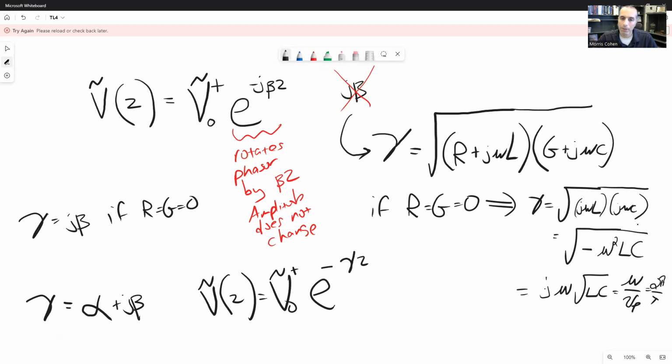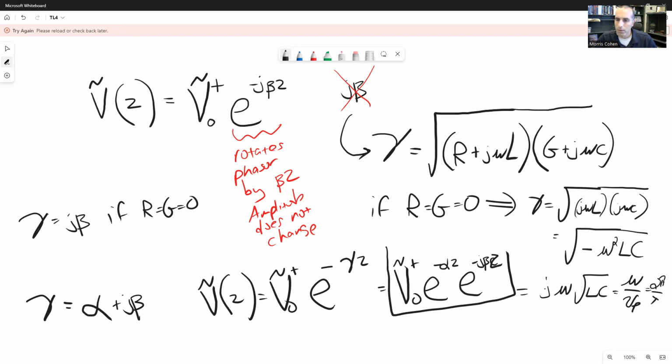All right, so minus gamma times Z. And because gamma can be divided up into a real and imaginary part, I'm going to actually write this as follows. This is the original phasor value times e to the minus alpha Z times e to the minus J beta Z.